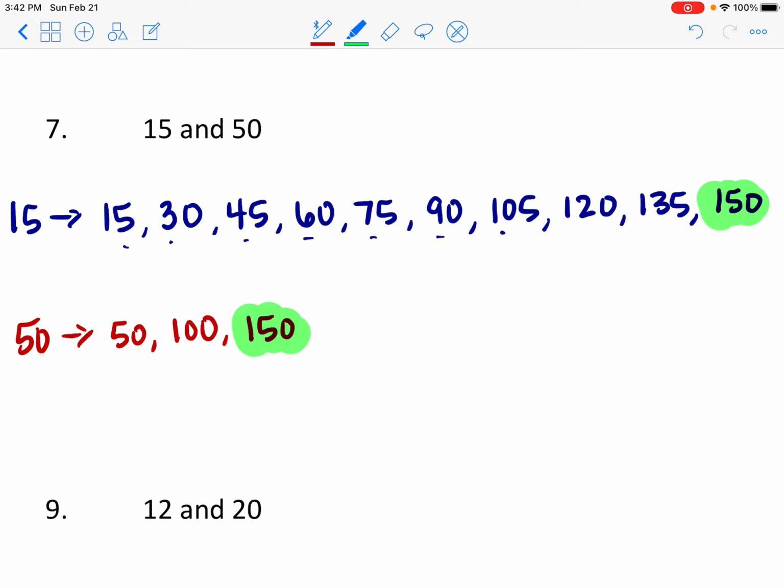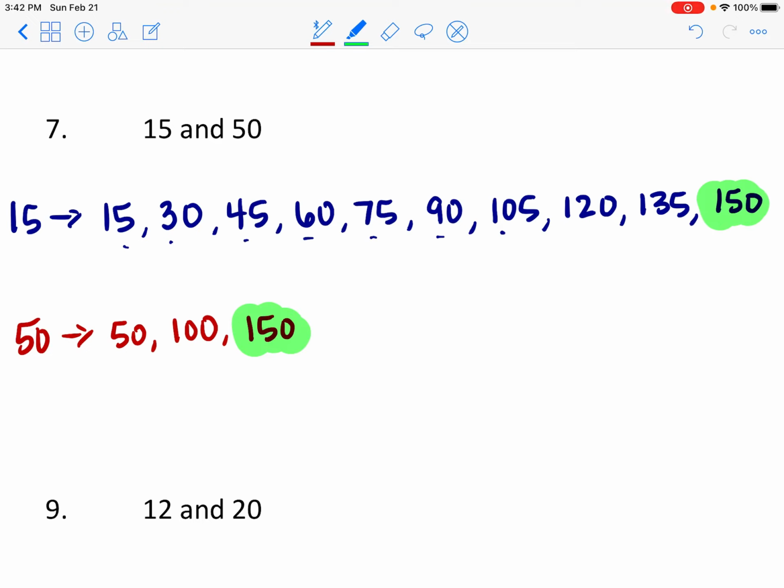Now I know you may not be liking that method at all, which is totally fine. Well, let me just make a little note here. So you're circling any factors that occur, and let's see, how can I say this concisely?